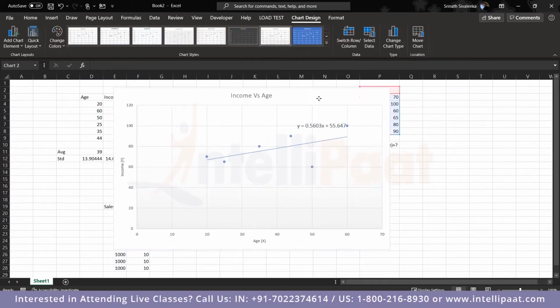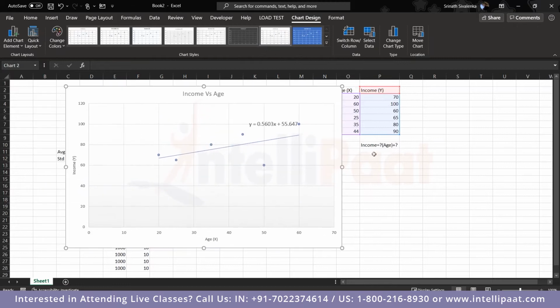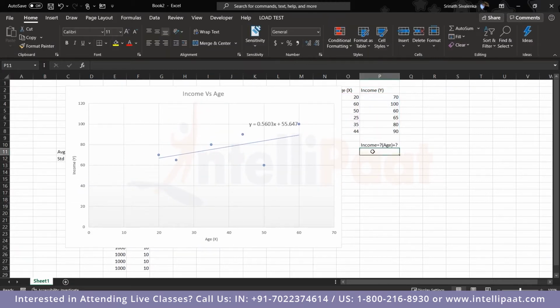So your linear regression basically says that your income is equal to 0.5603 times your x, which is nothing but your age, plus 55.647.